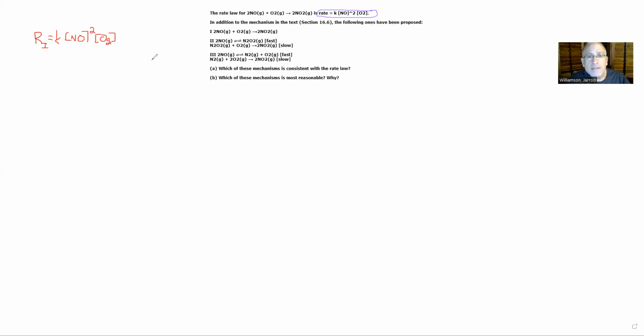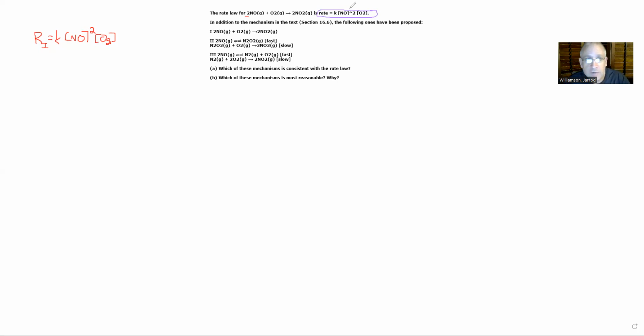Remember, when it comes to elementary steps, the coefficients are used for the exponents. Over here for the overall reaction, this number 2 coincidentally happens to be the same as this, but for overall reactions, you don't automatically use the coefficients as the powers.